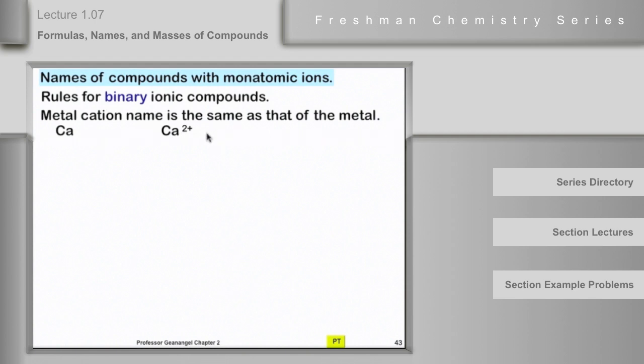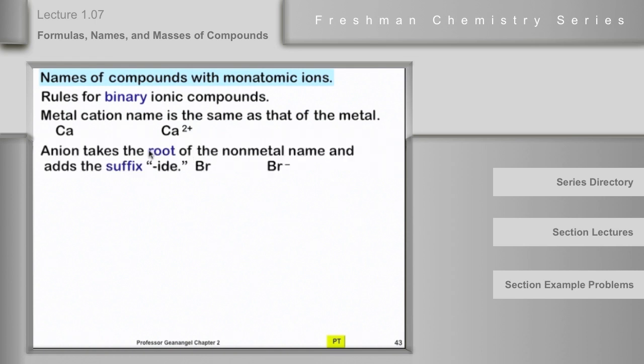So when we name a salt of calcium, an ionic compound that has this ion in it, we just call it calcium. On the other hand, the anion is named by taking the root of the nonmetal name, in this case bromine. Bromine is the name of this atom.